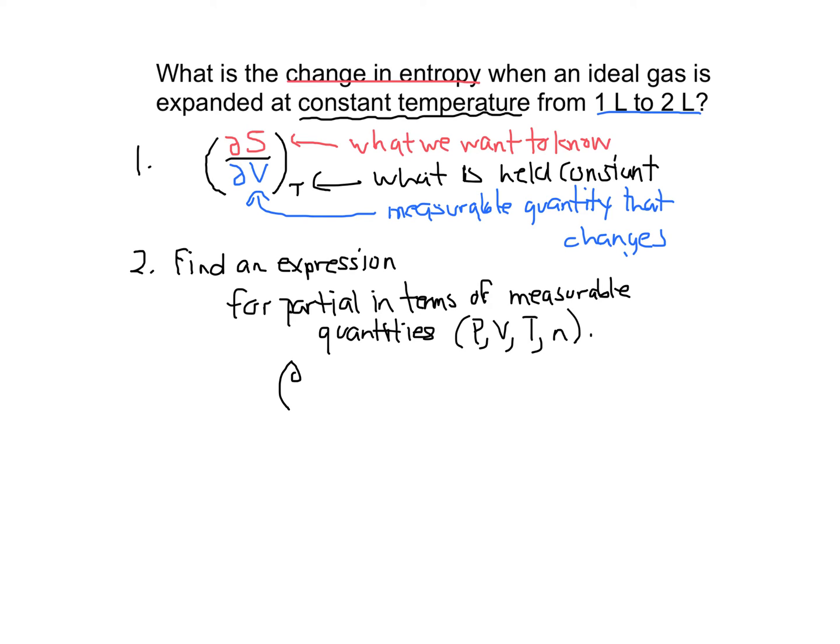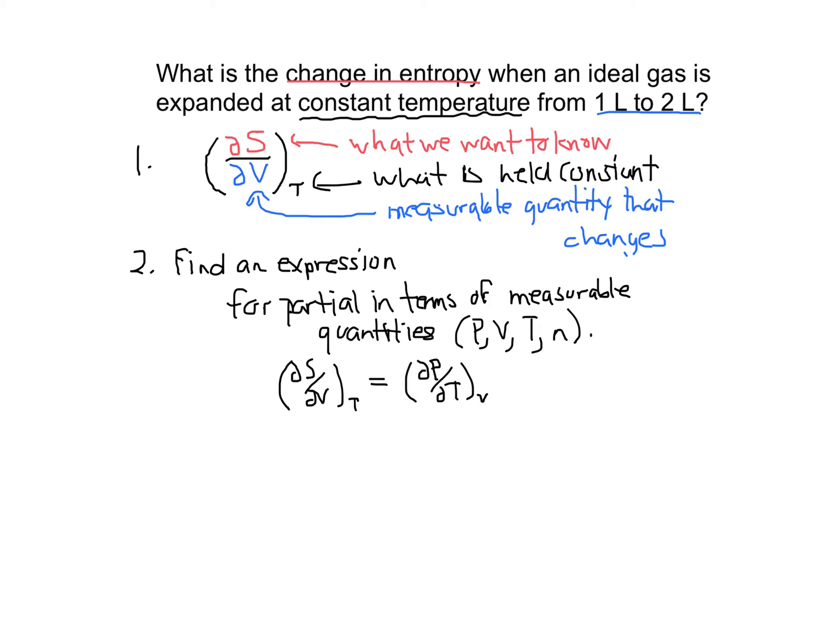the partial derivative that expresses the question that we want to know is related through one of our Maxwell's relationships to a partial derivative of pressure with respect to temperature at constant volume. Notice that these quantities, pressure, temperature, and volume, are all measurable quantities.